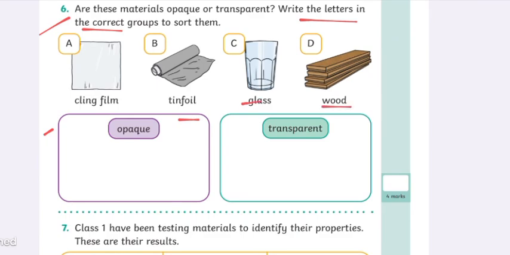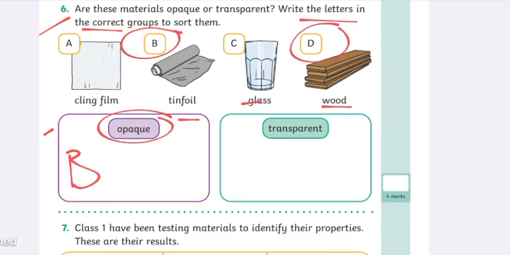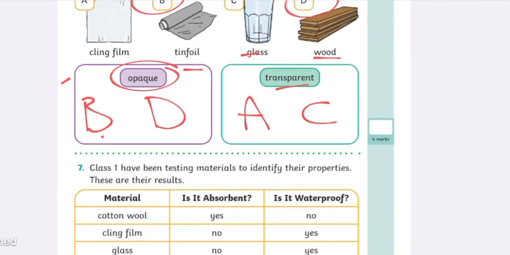Glass and wood. Which one is opaque? What do you think? A, B, C, or D? Tin foil and wood. So tin foil is letter B and wood is letter D. What about transparent? Cling film and glass. Yes, so cling film and glass, A and C. You can write the names or you can write the letters only.